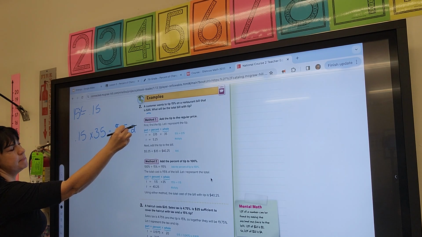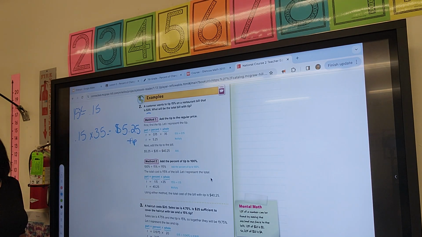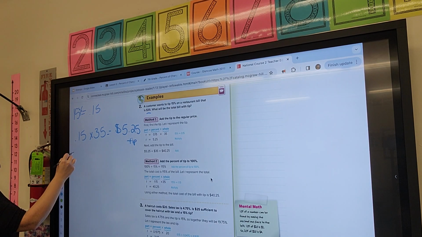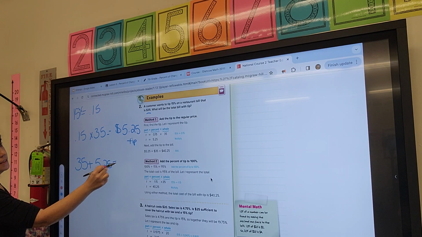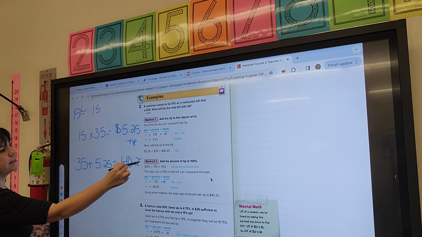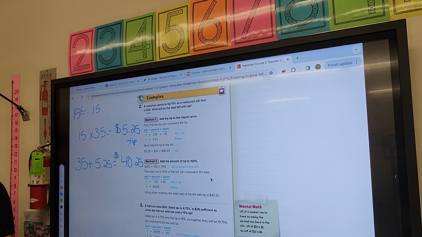That's your tip that you're gonna leave. And then the last step is to add that to the cost of your bill. So we have $35 plus $5.25 tip. And so our total cost is $40.25. So you notice it's the same process to calculate tip as it was for sales tax. Did you guys notice that? Same thing.